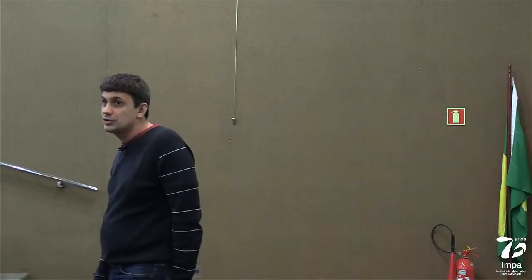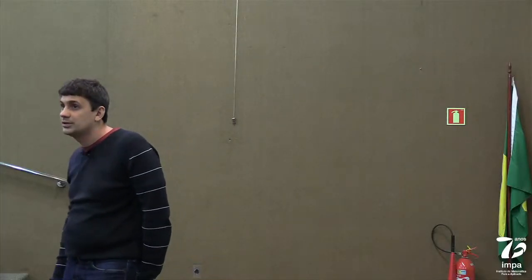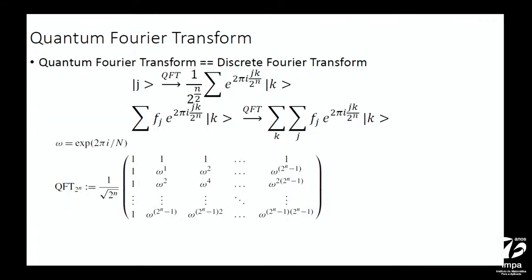The good part of the story is that this is a unitary operator, and by nature quantum computers have to do unitary operators, so this is of the spirit of a quantum computer. So there is a huge chance that we can effectively implement it, because Fourier transform is by itself a unitary operator.